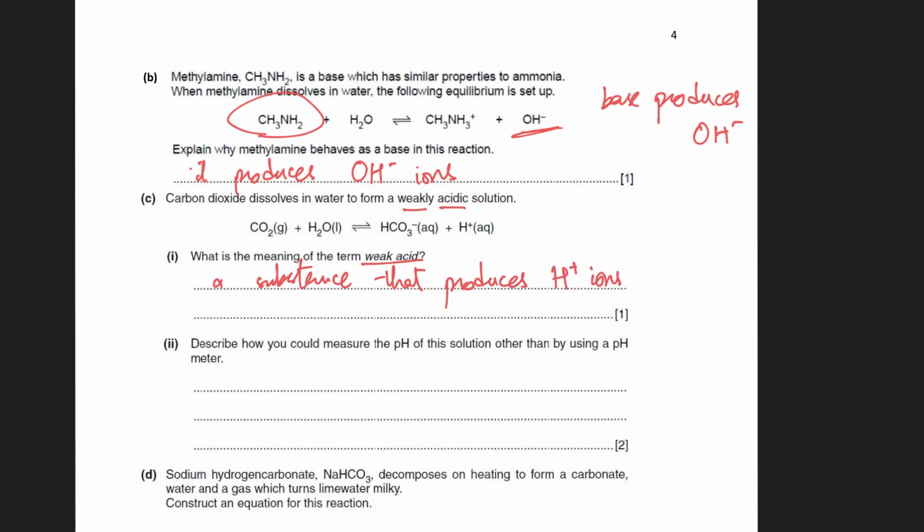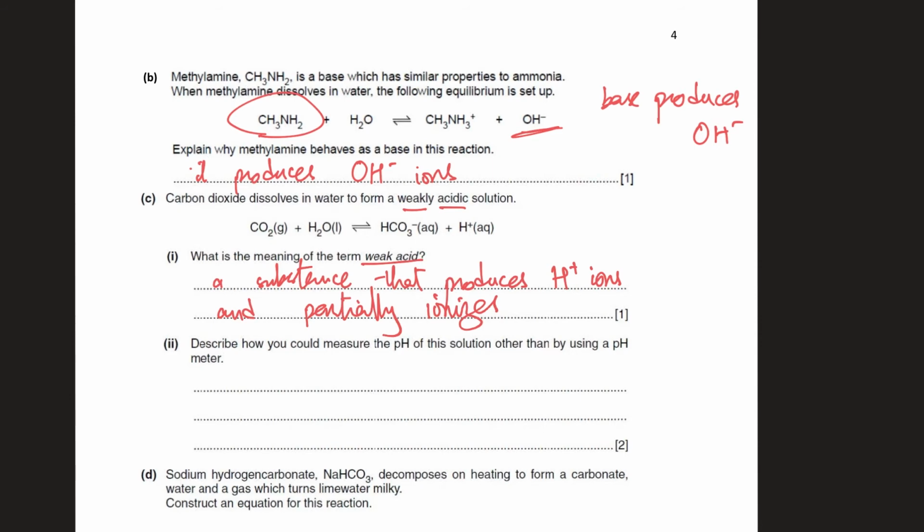So that is how you have defined acid. And then you're saying weak. So for that we'll say and partially ionizes. Or you could rephrase it in a way that makes sense to you, that a substance that partially ionizes to produce H positive ions. Or you could even just write weak acid, because it's a 1 mark question. So just by explaining what weak means here, you've answered the question.